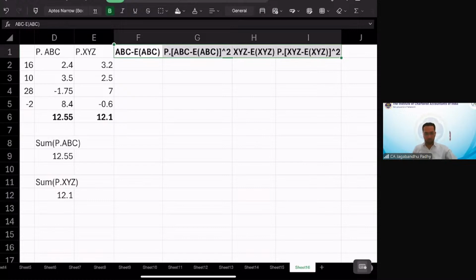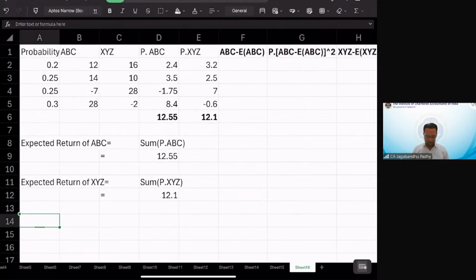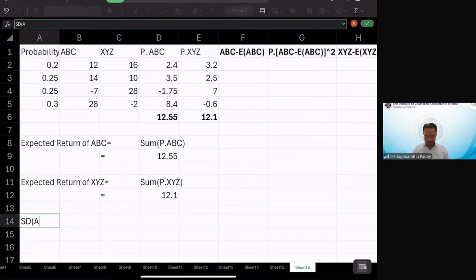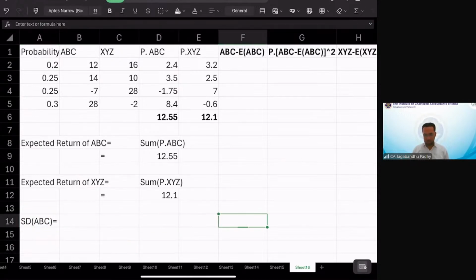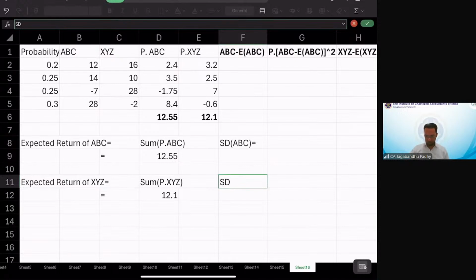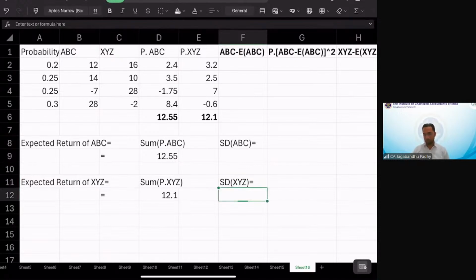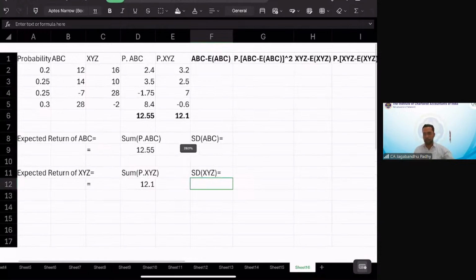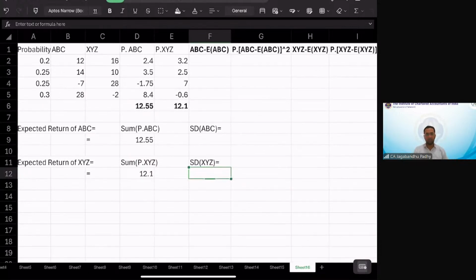Calculate these values and give me the standard deviation of ABC and also the standard deviation of XYZ. Calculate these quickly. Give me the values for the standard deviation of ABC and the standard deviation of XYZ, and then we will proceed further.